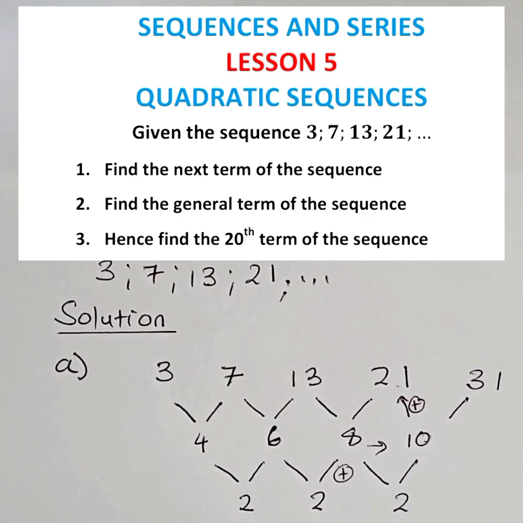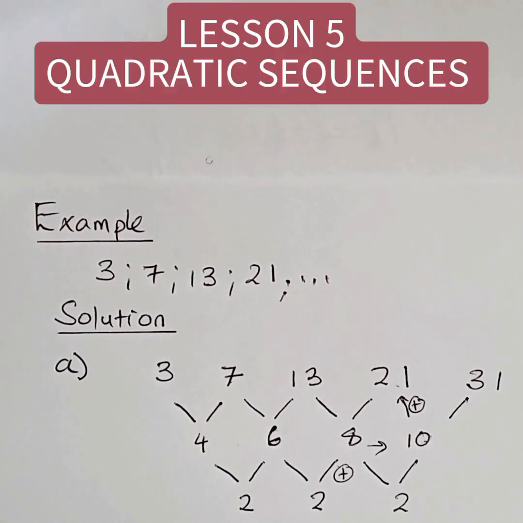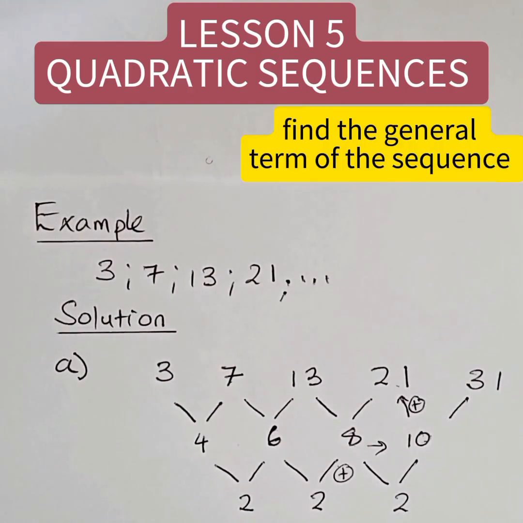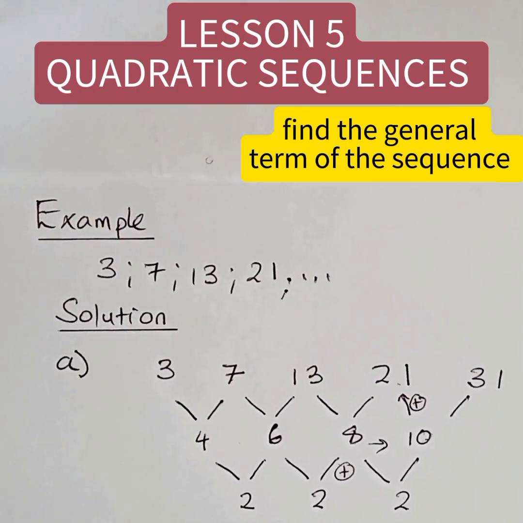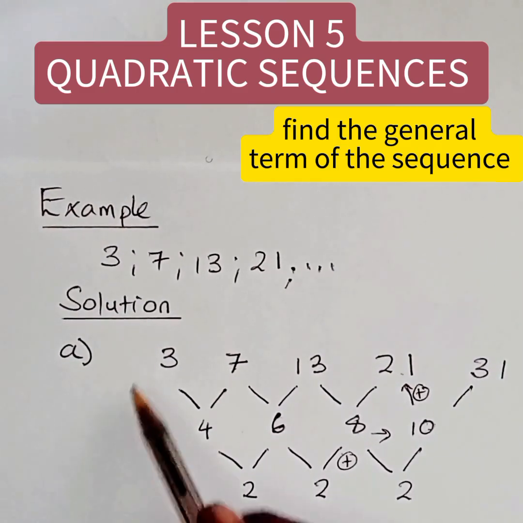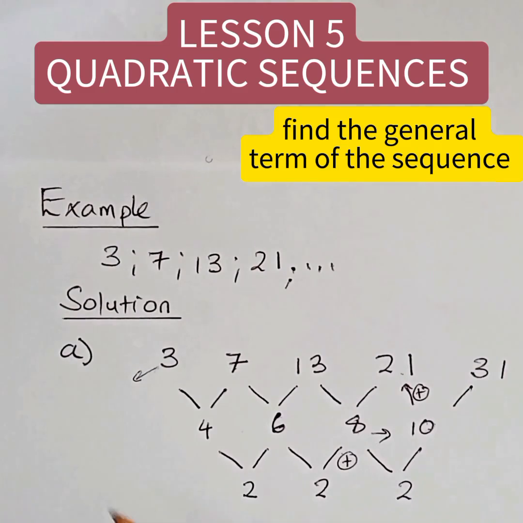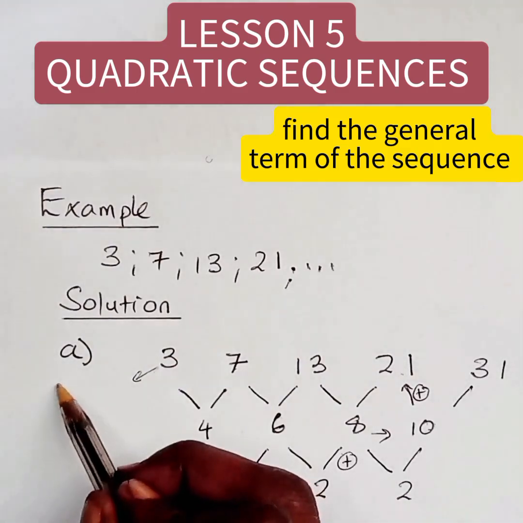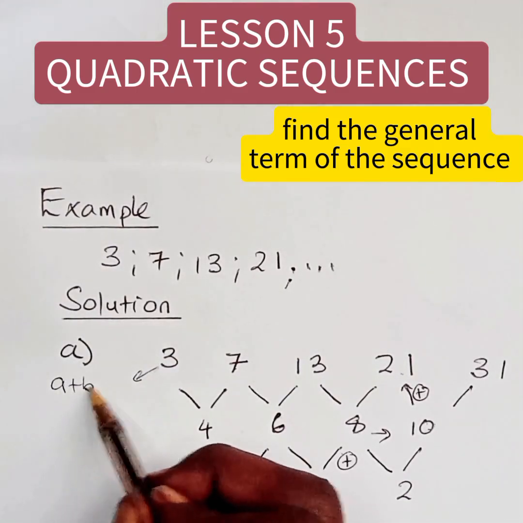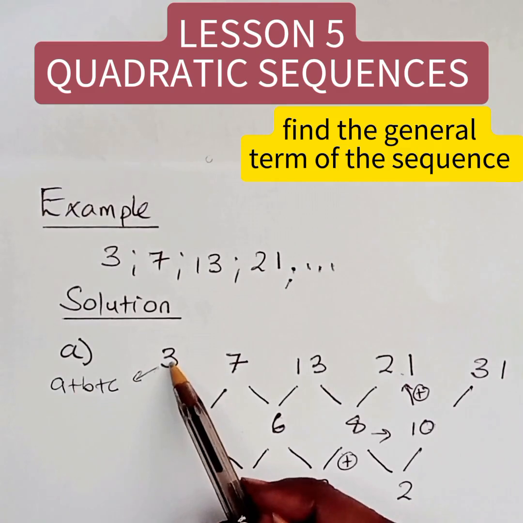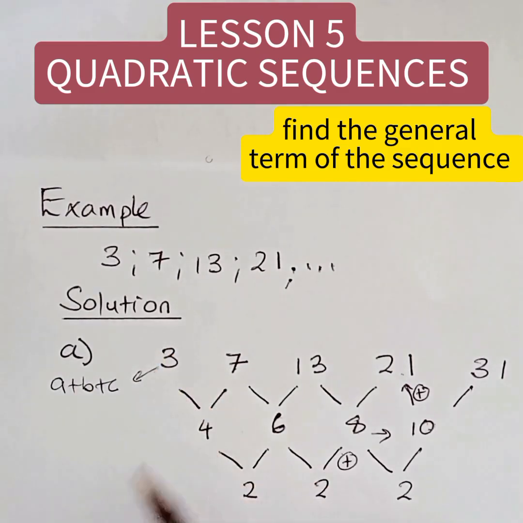Now let's look at part B of this example. We are required to find the general term of that sequence. You remember we said this is the first term, this 3 here. From the previous lesson, we say the formula for that is A plus B plus C is equivalent to 3, because that's the first term.